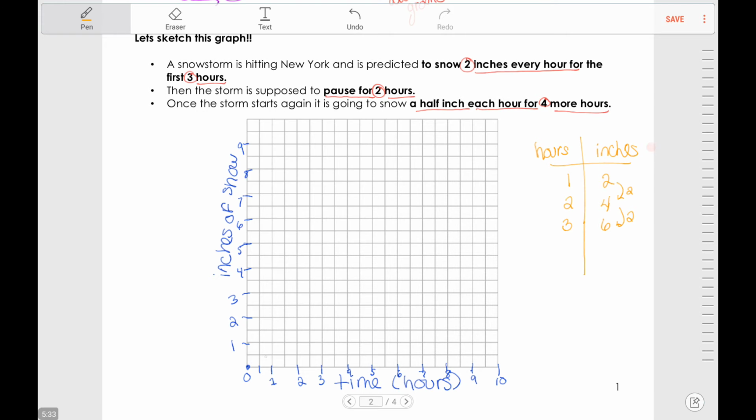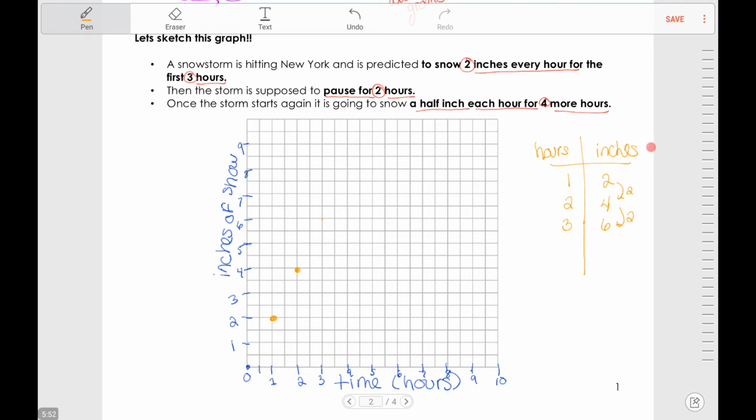All right, so hour 1 has 2 inches. Hour 2 has 2 more. Hour 3 has 6. So for the first 3 hours, oh, I messed up that graph. There we go.